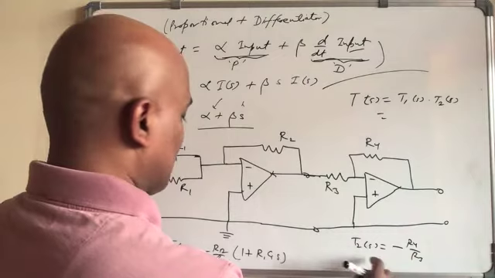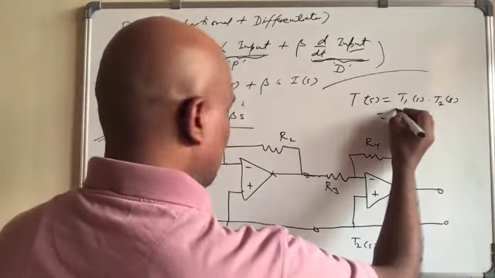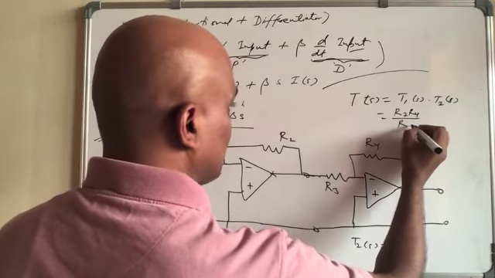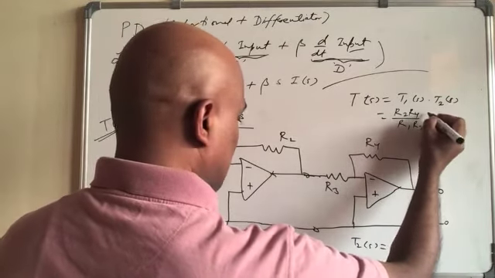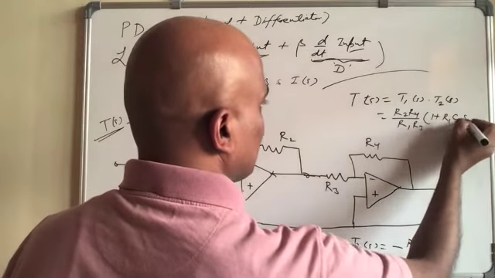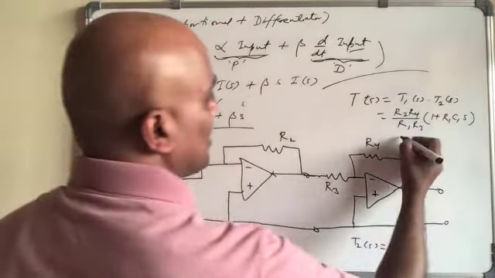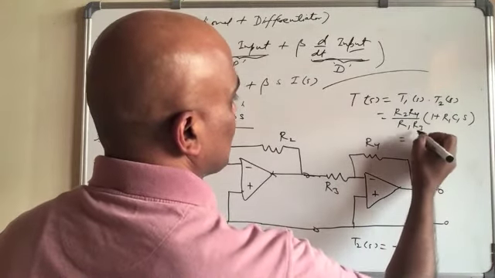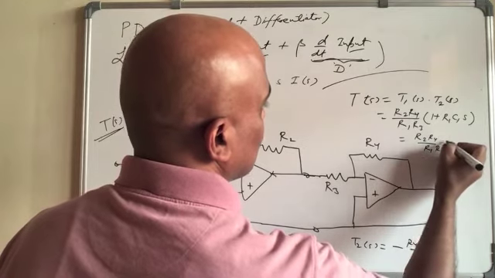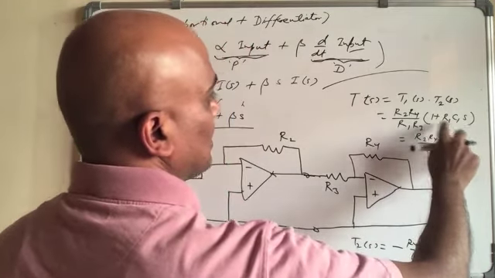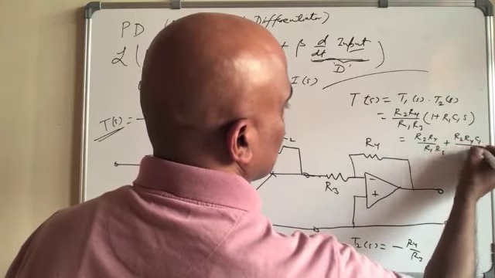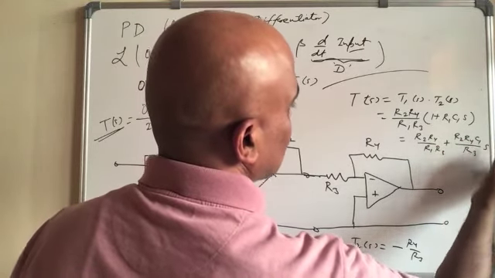Minus becomes plus, and hence you get R2 R4 divided by R1 R3, and then you have 1 plus R1 C1 s, or you can spell out R2 R4 over R1 R3 plus R2 R4 C1 divided by R3 times s.